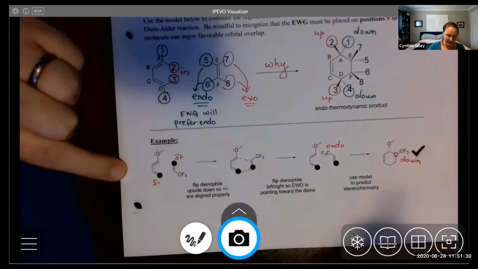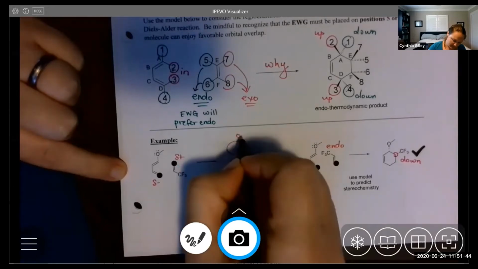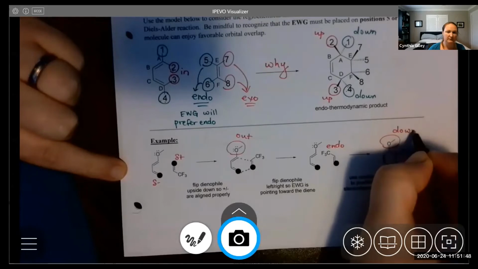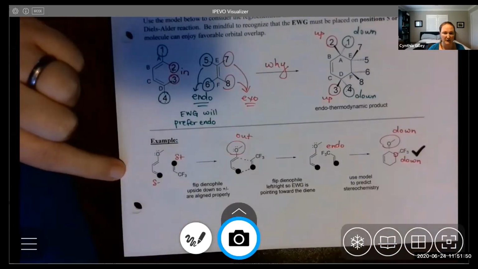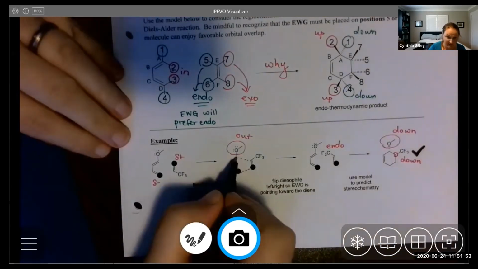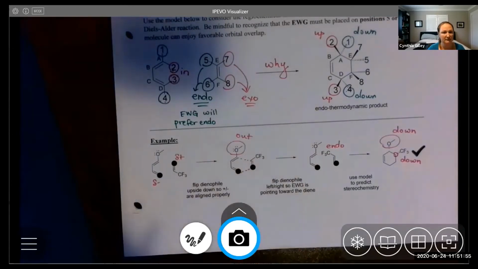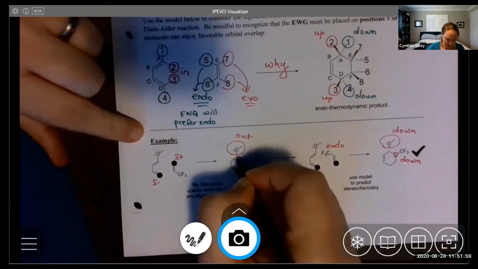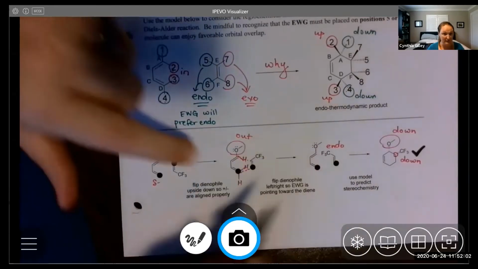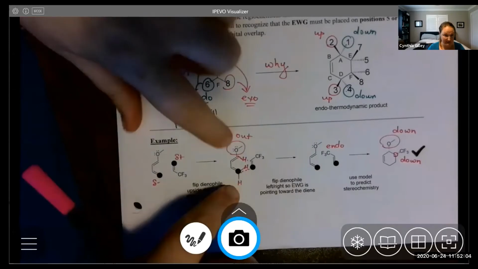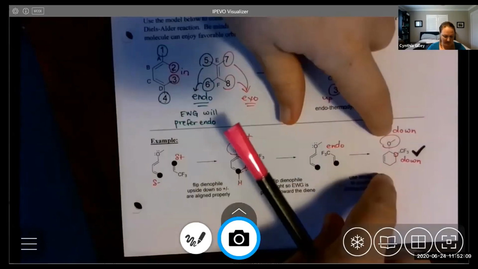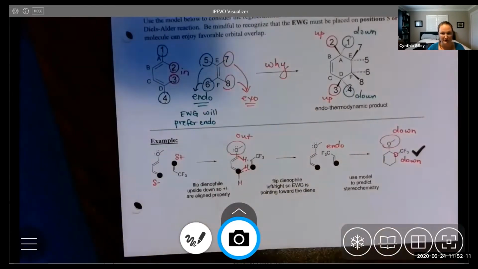And then this methoxy group is pointed out, so it ends up up. The groups that are pointed in, which are the hydrogens, will end up down, and the out groups end up up, but we don't show those because it's hydrogen.